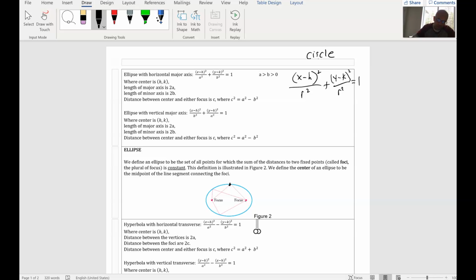So if we take this distance plus that distance, it's going to be the same as this distance plus that distance, which is going to be the same as this distance plus that distance. So that's how an ellipse is formed.